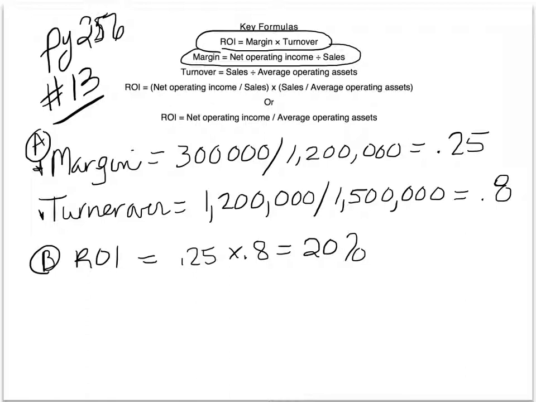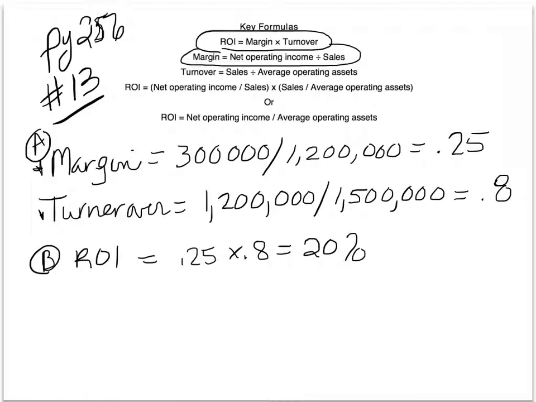Where you might encounter some difficulties if you're ever having to do this yourself is finding out the average operating assets. But in this case, you do have the tools to do that in the slide deck on how to find the average operating assets, as well as a good explanation in the textbook if you had to calculate that.